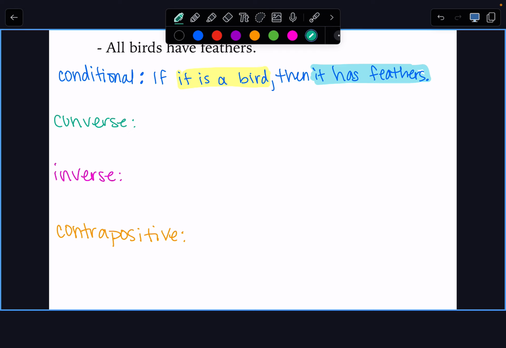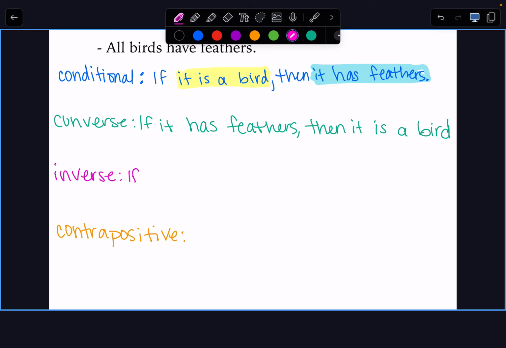Cole, what did you write for your converse? If it has feathers, then it's a bird. Do you agree? Yeah. Okay, we just changed the order. Good. Austin, what about for the inverse?